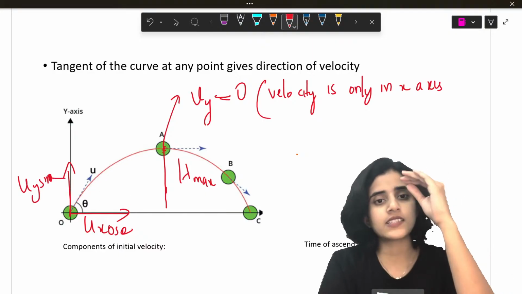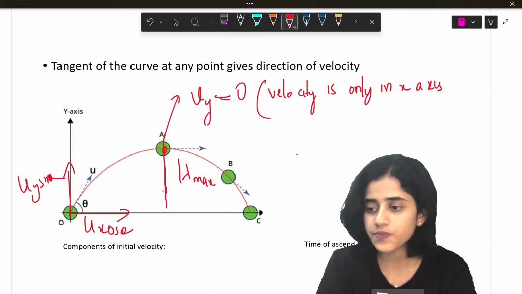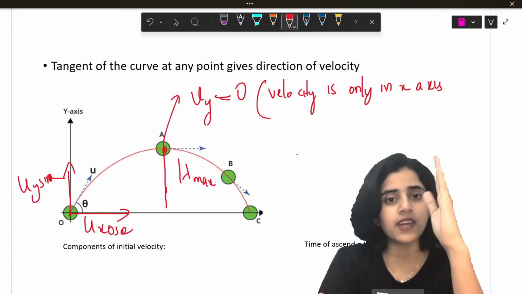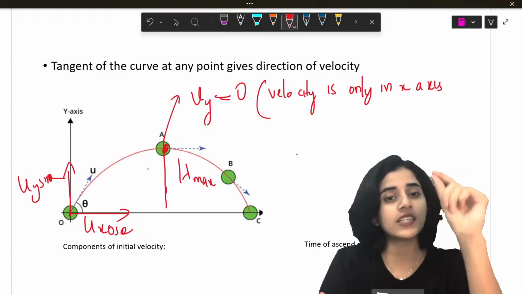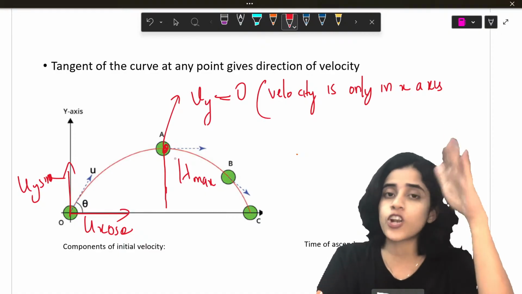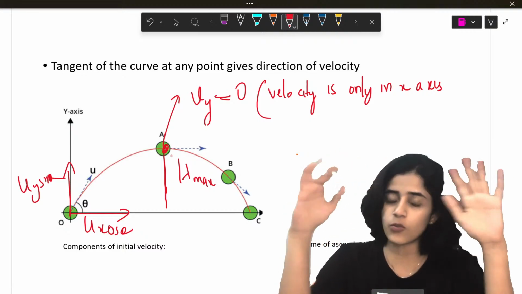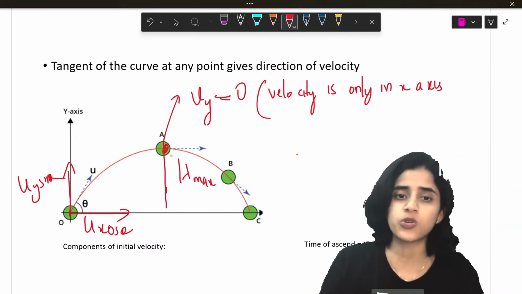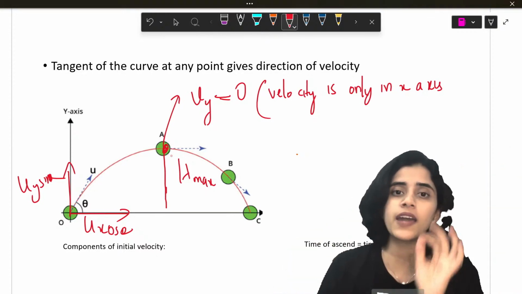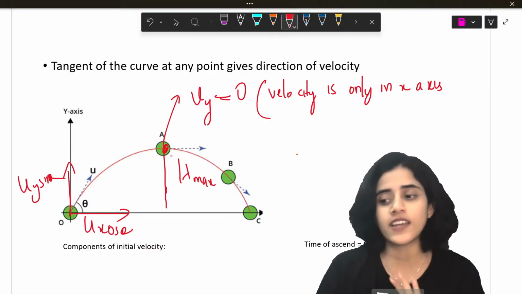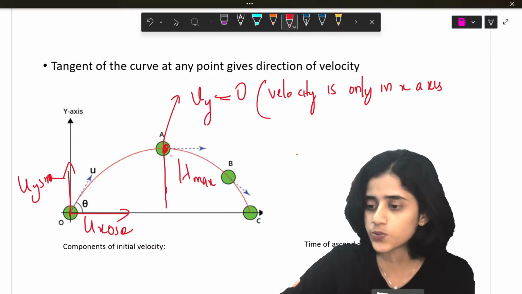The maximum height is H max, and at the maximum height at point A, there is no velocity component along the y-axis. It is only along the x-axis. Whichever other point you take, there is velocity along both x-axis and y-axis. Only at maximum height, there is no velocity along y-axis. Velocity is only along x-axis. This much you learned now.